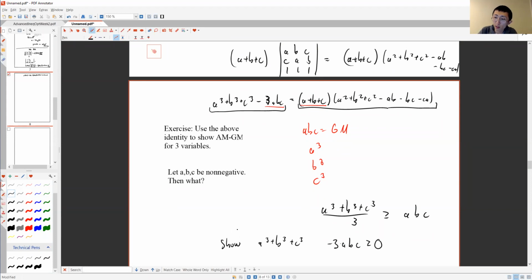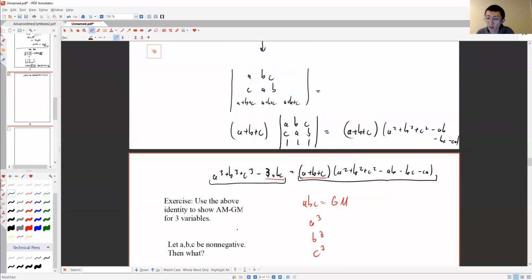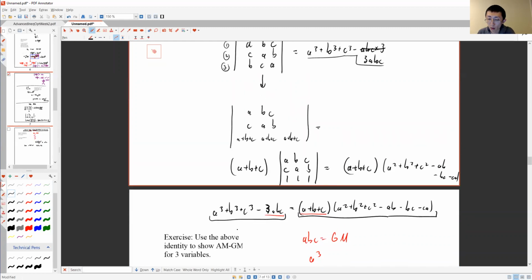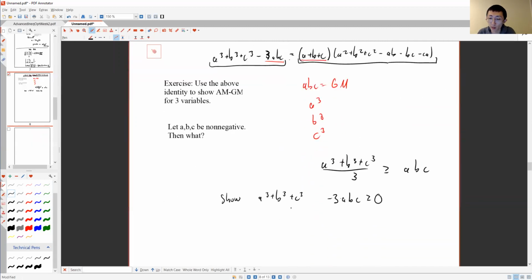So what is that equivalent to showing? Well, we can use this identity. If the left-hand side is greater than or equal to 0, then the right-hand side is also greater than or equal to 0. So we need to show this is greater than or equal to 0.